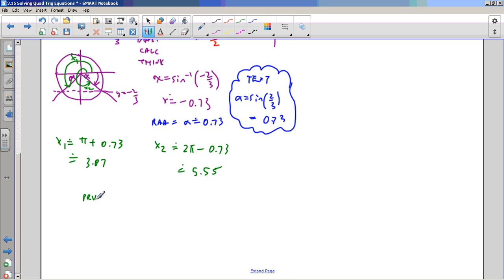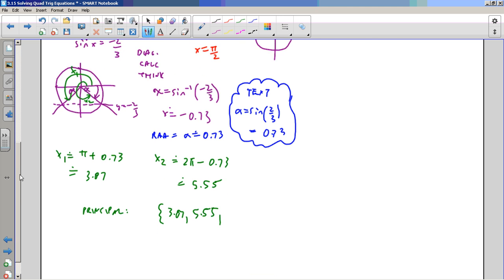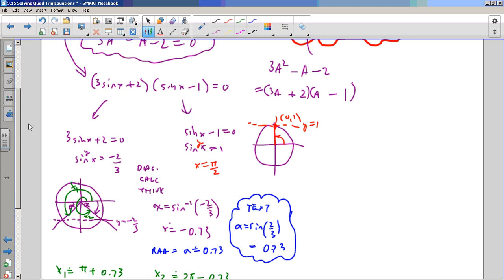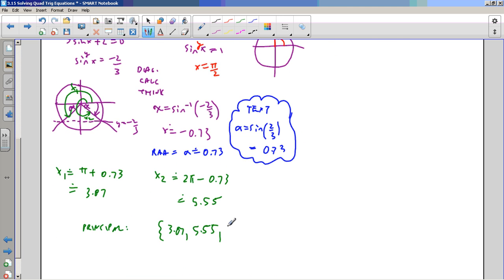And these are the principal solutions. Even though I could have a whole bunch of solutions in general, the principal solutions are 3.87, 5.55, and from the first one, let's not forget, pi over 2.